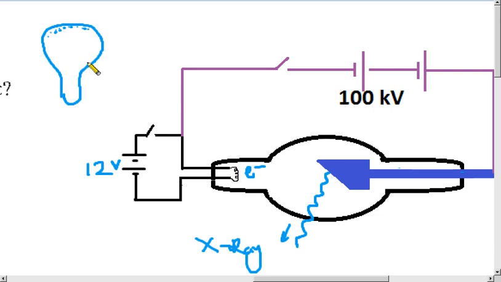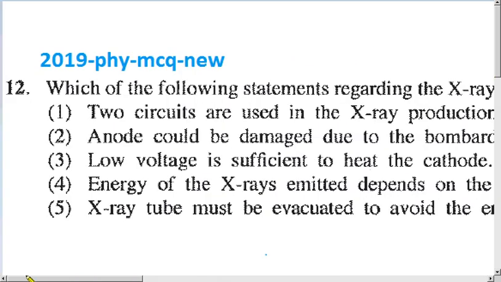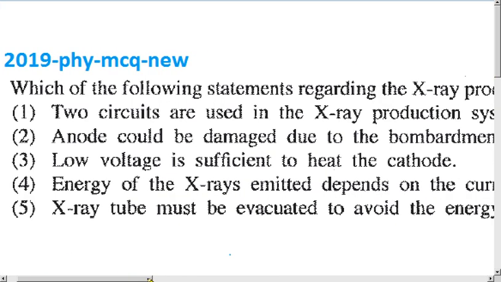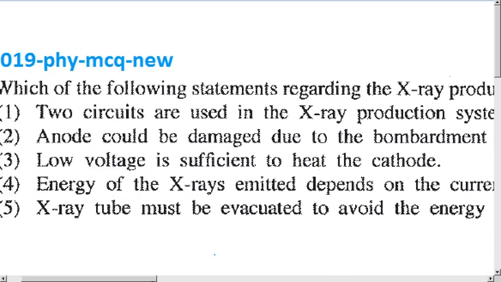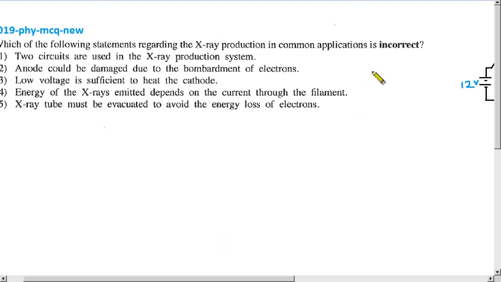So the filament also gets damaged, it evaporates. So that is correct. Due to bombardment of electrons, both targets get damaged. The anode could be damaged, that is correct. This one is correct, this one also correct.